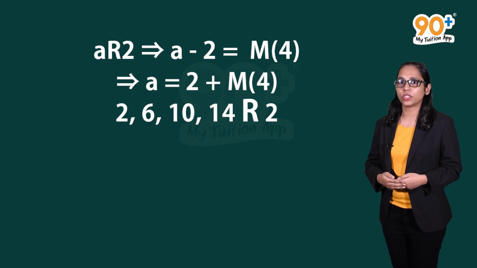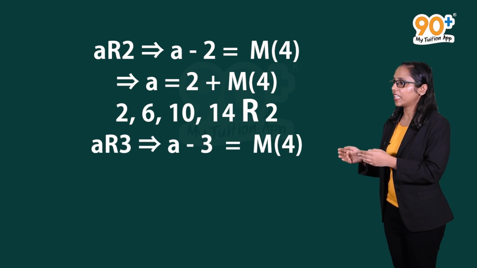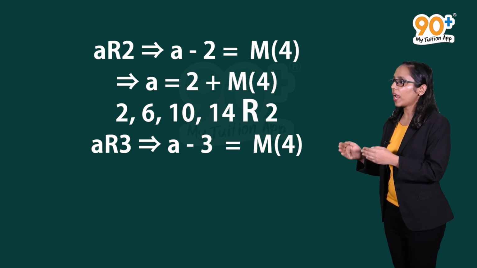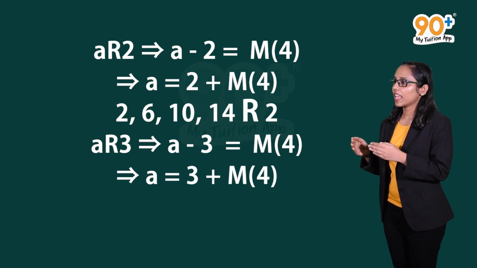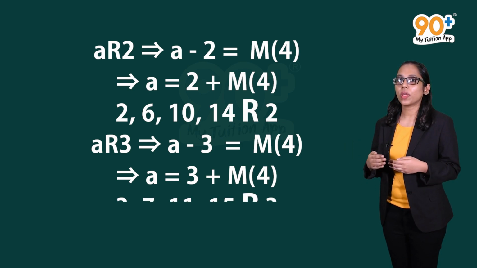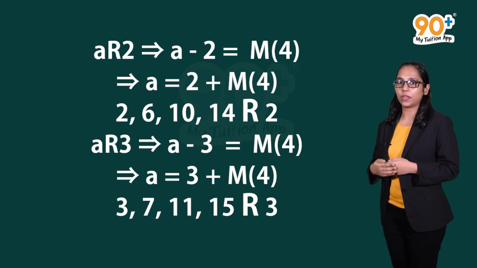Now let's check for 3. That is, A is related to 3, which implies that A minus 3 equals a multiple of 4. That is, A equals 3 plus a multiple of 4. So we will get 3, 7, 11 and 15.